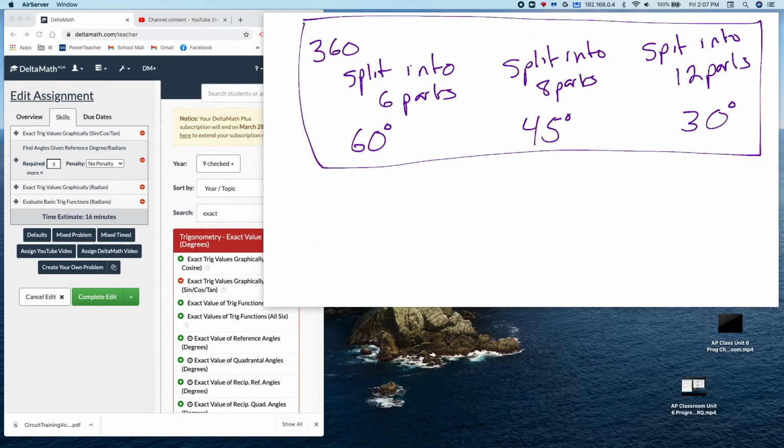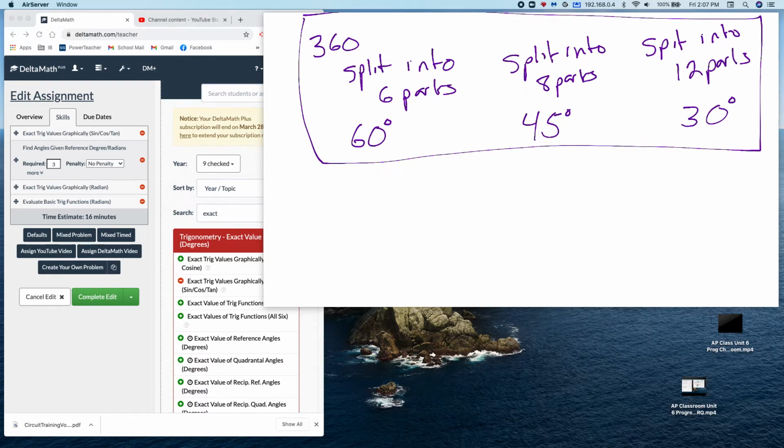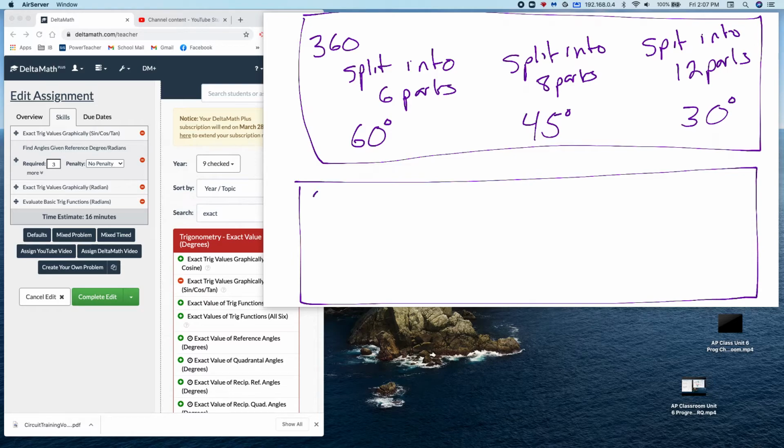We can do the same thing with the radians. But let's think about 2 pi. So this is in degrees, 2 pi radians. And radians is just another measure of it. If you split it into 6 parts, think about what that would be. That would be 2 pi divided by 6, or pi over 3.